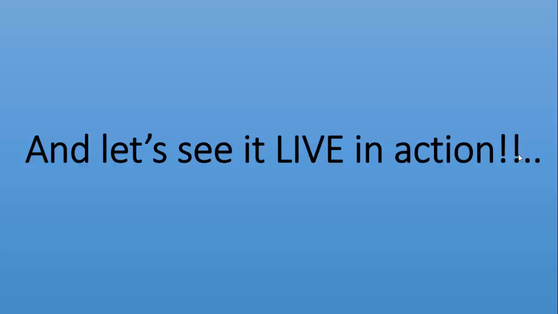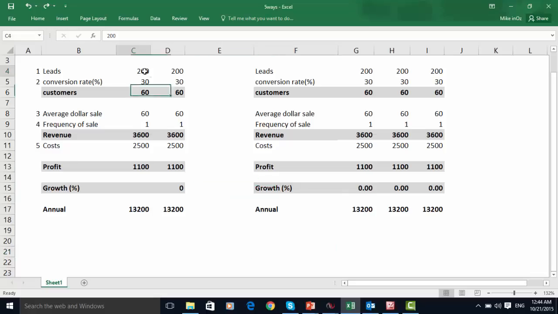So let's see it live in action, just to illustrate how powerful looking at these 5 areas can be. If we look at this column here, this is where we are now. So let's say, for example, we generate 200 new leads per month with a conversion rate of 30%. That gives us 60 buying customers.